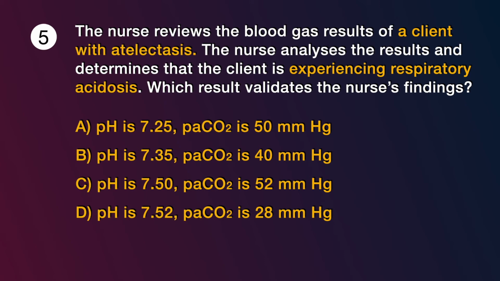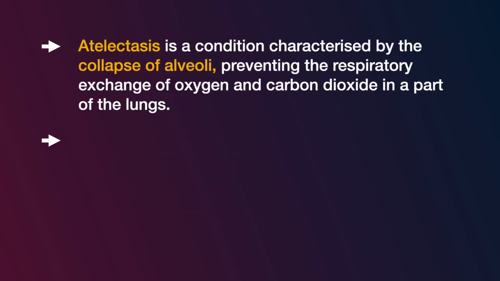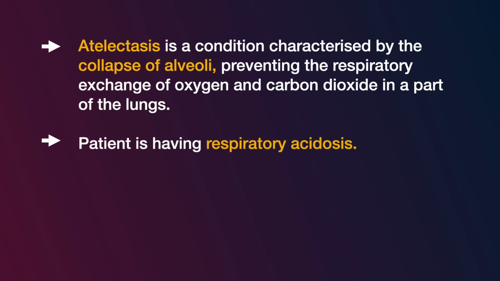So the answer is A, pH 7.25 and PaCO2 50 mm Hg. Atelectasis is a condition characterized by the collapse of alveoli, preventing the respiratory exchange of oxygen and carbon dioxide in a part of the lungs. The patient is having respiratory acidosis because pH is decreased and PaCO2 is elevated beyond the normal limits.